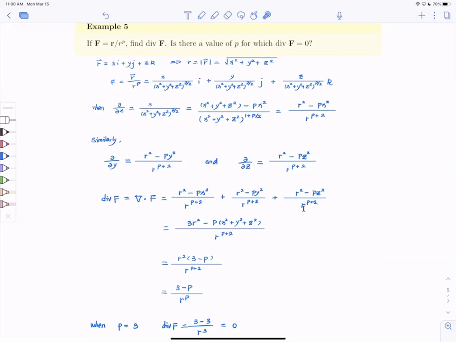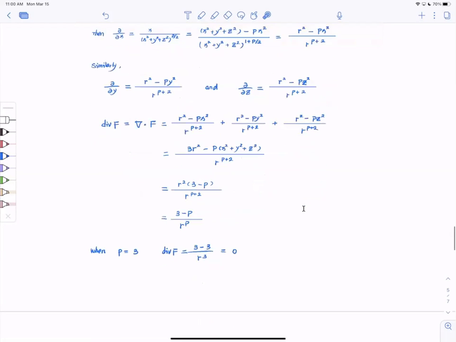So your partial derivative with respect to x is going to give you r squared minus p x squared over r to the p plus 2. And similarly, you can do the same thing for y and z, because the only difference is just replacing this x with y and z. After we got this, you can calculate the divergence using the dot product.